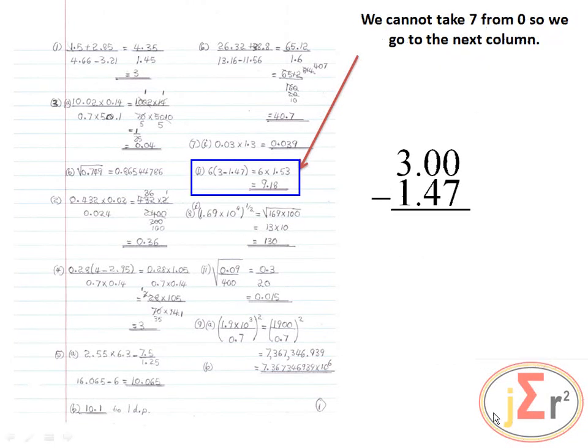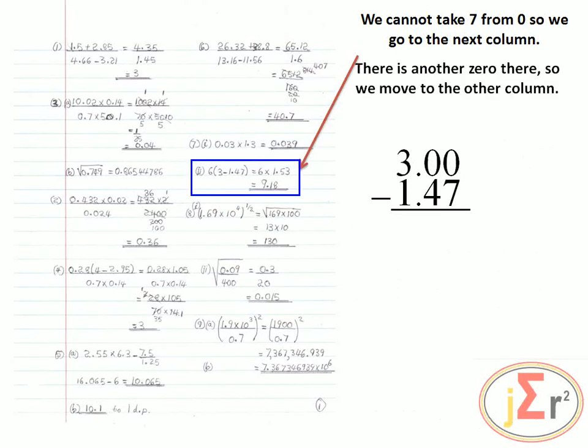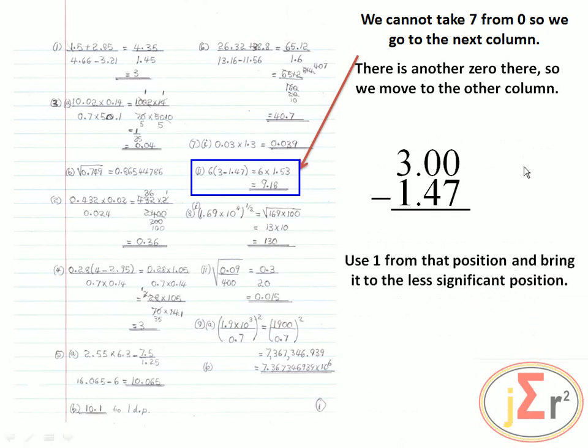Now it is time for us to subtract, but we need to begin by saying 7 from 0. We cannot take 7 from 0, so we go to the next column, which is this one. There's another 0 there, so we move to the other column. So by this time we are at this column, where we use 1 from that position and bring to the less significant position.